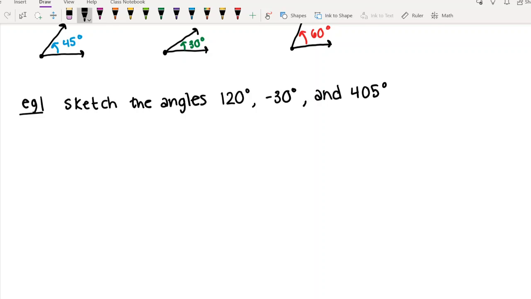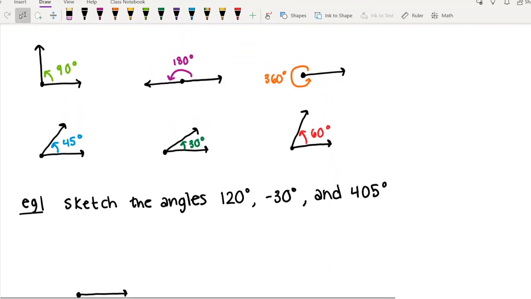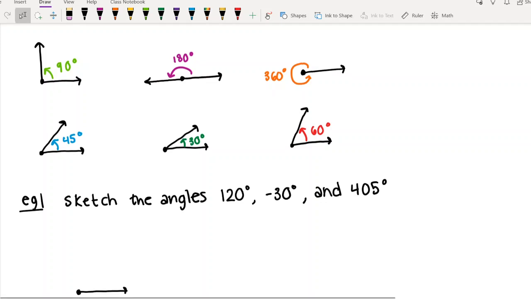Okay, so hopefully you paused the video, did this yourself, and now you're coming back. So 120 degrees, let's think about what that would look like. We start by drawing our initial side. The best way to approach these is, if you know the angles above, you can put them together and use them as a reference.